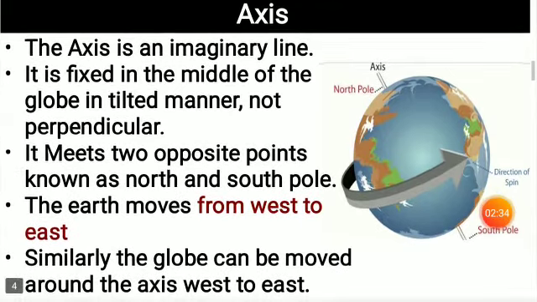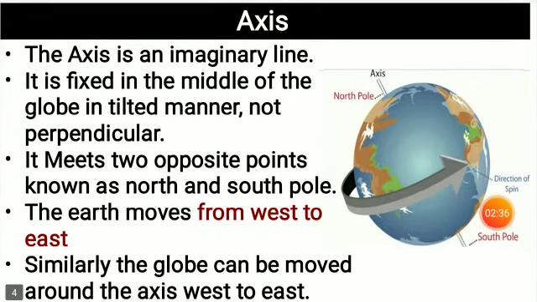Next, axis of the globe. Friends, the axis is an imaginary line. We cannot truly find it on the earth. It is fixed in the middle of the globe in a tilted manner.